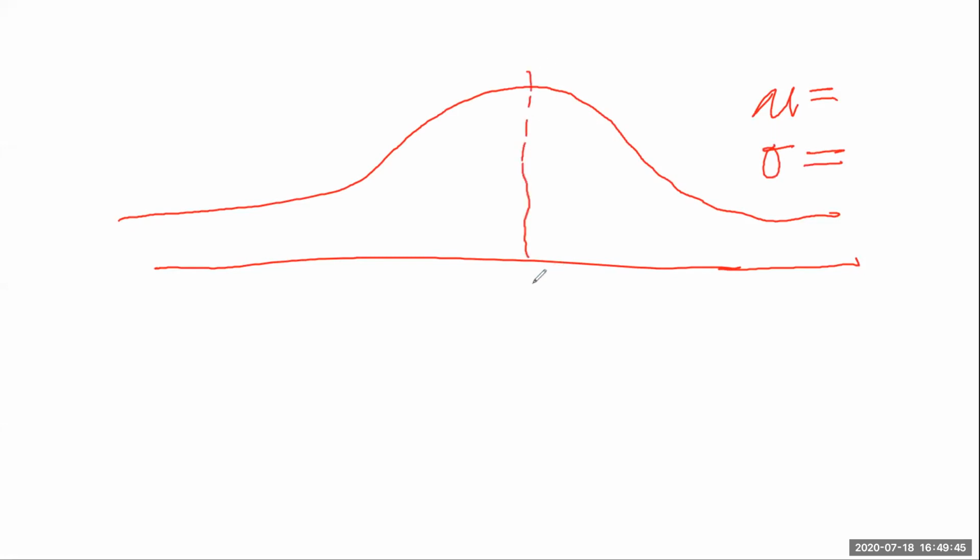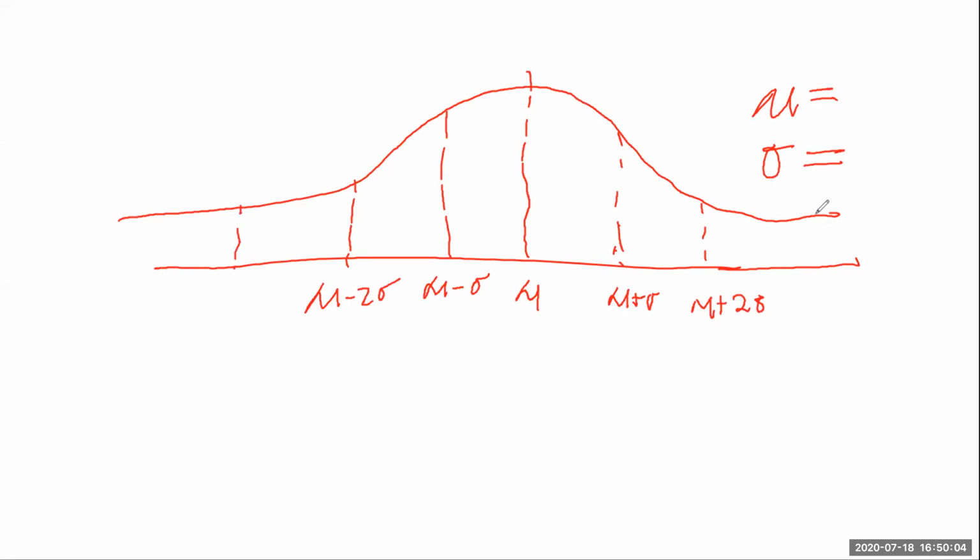You draw this, so your mu is right there, and this is mu plus sigma. This is mu minus sigma. This is mu minus 2 sigma. And then I have mu plus 2 sigma. And the third one is what? Mu minus 3 sigma, and mu plus 3 sigma.